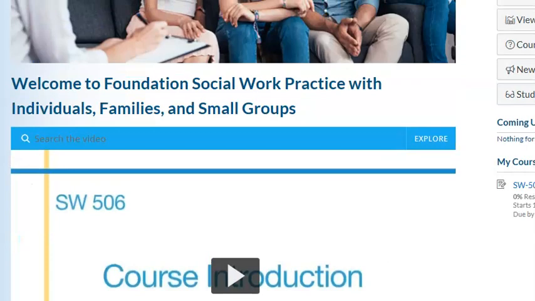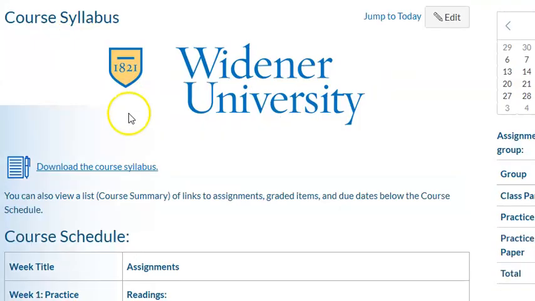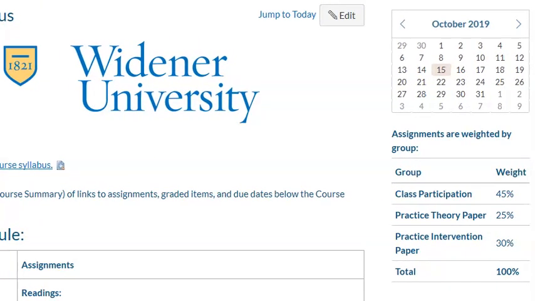Let's look quickly at the syllabus. I first suggest that you each download a copy of the syllabus. You will see on your far right that the assignments are weighted accordingly. Overwhelmingly, the grade is based on class participation.